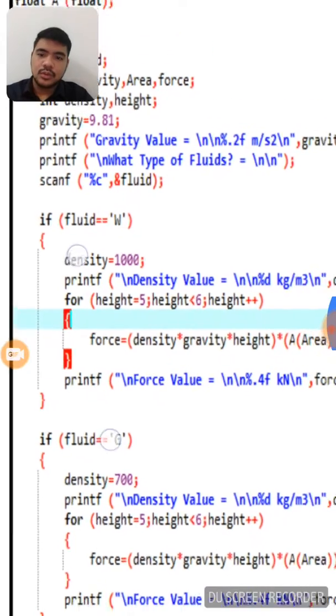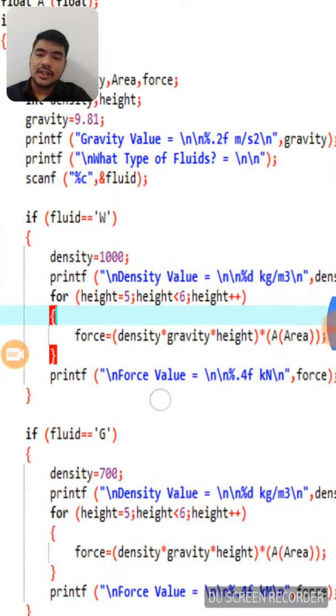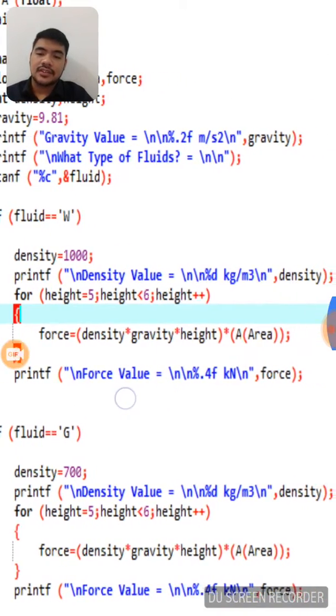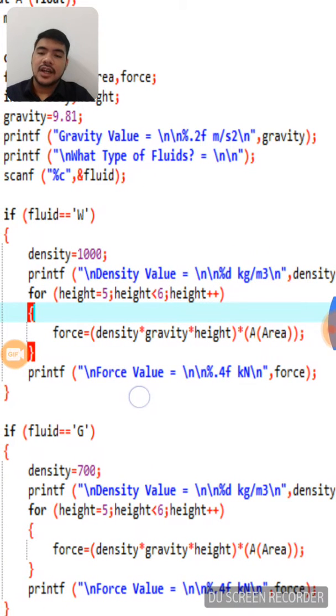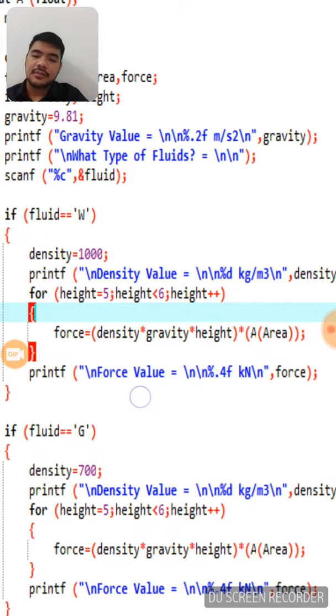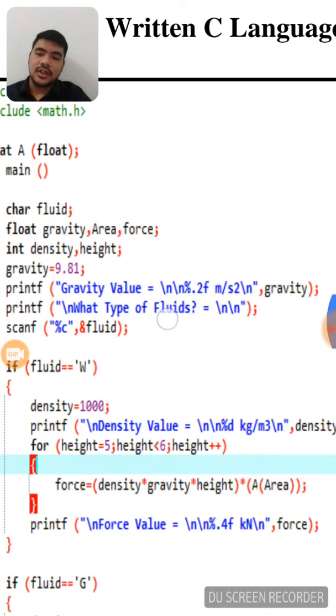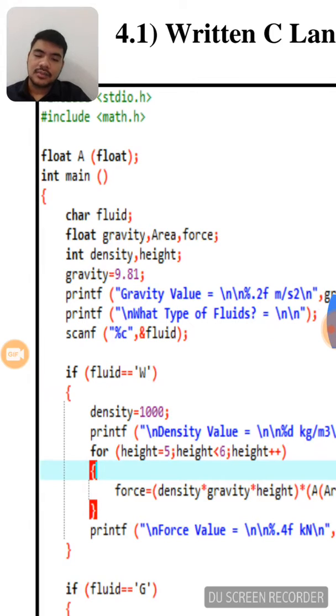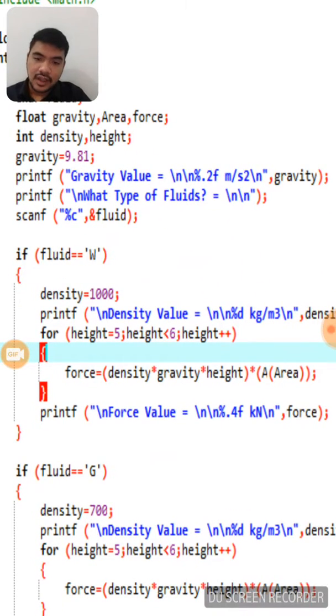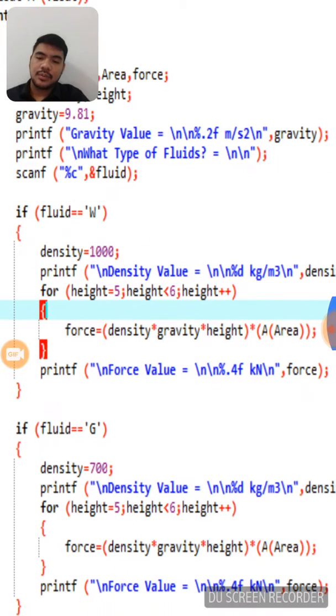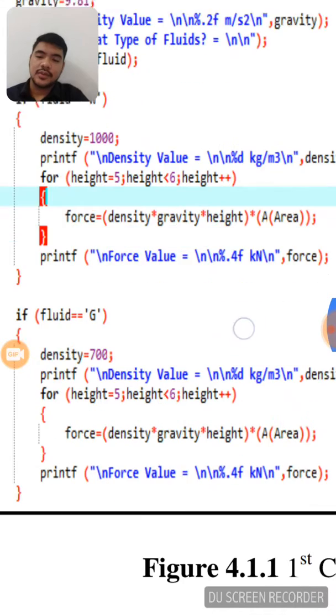For W, we set the density to 1000. Then we need to printf the density value, and there are certain conditions on the height: height is equal to 5, height is less than 6, and the increment of height is height plus plus. So this is our formula for the force, which equals density times gravity times height times area, where the float A is the area. Then we printf to calculate the force value.